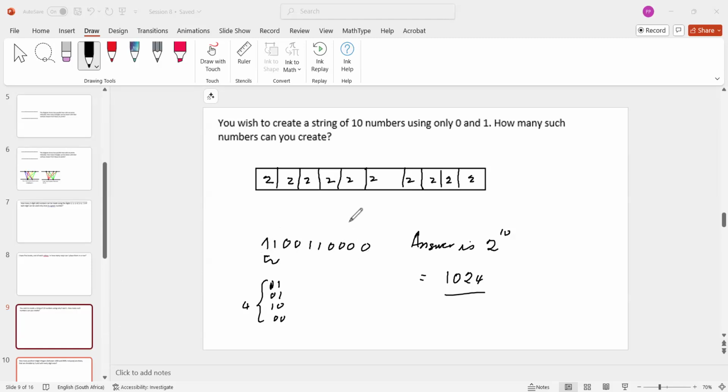Also, those of you who are familiar with binary numbers, this is what you call a binary number. So a number which has got only zeros and ones in it is called a binary number. And it's a very, very important concept, what you call binary arithmetic, because the 1 can stand for a switch, which is on, and the 0 can stand for the switch, which is off, right?